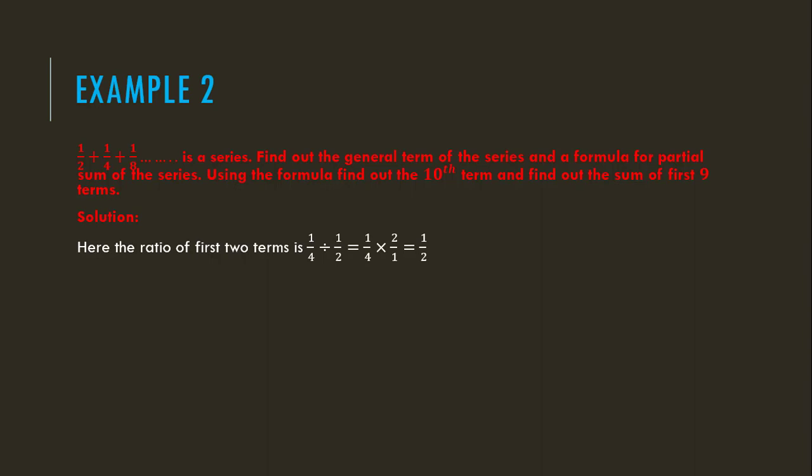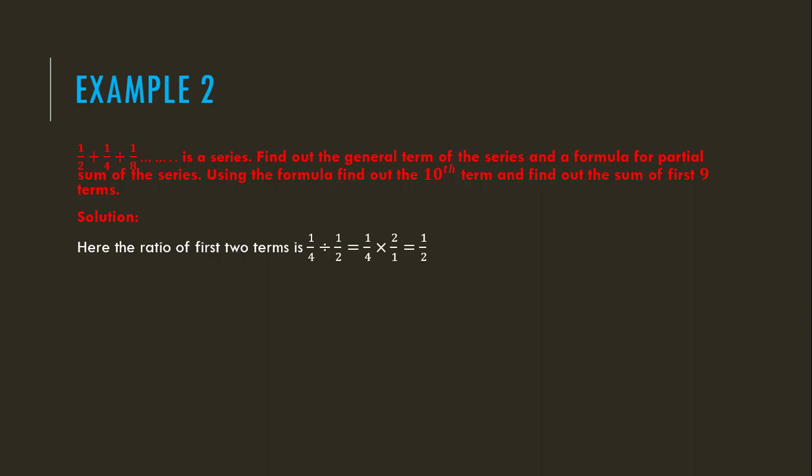To get the common difference, you have to take the second term minus the first term, the third term minus the second term. And for the ratio, you have to take the second term divided by the first term, or the third term divided by the second term, like the (n+1)th term minus the nth term, or the (n+1)th term divided by the nth term.